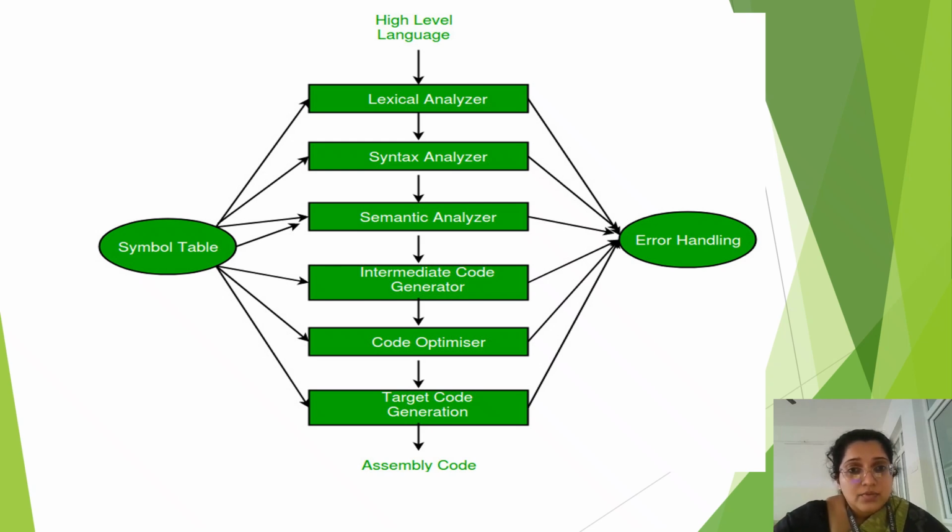Next, to convert a high-level language into assembly language or machine code, we have certain processes. These involve several types of analysis, from lexical analysis to target code generation. In these phases, we have a symbol table in which we store all the inputs, and an error handler which we use for handling all errors that come up in each phase.